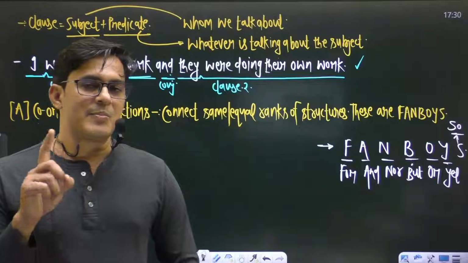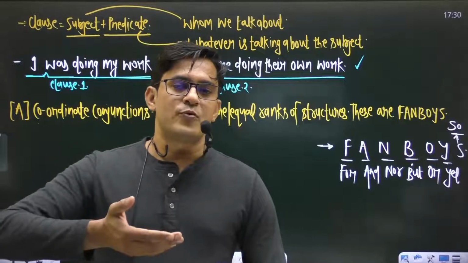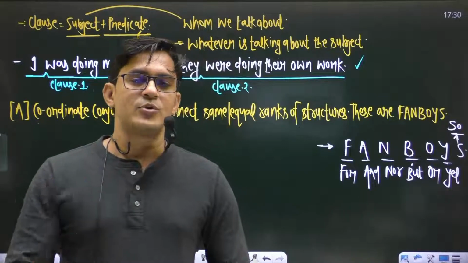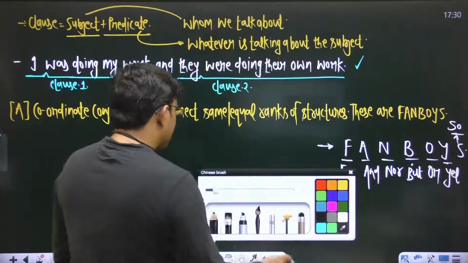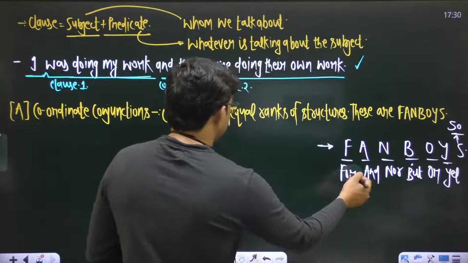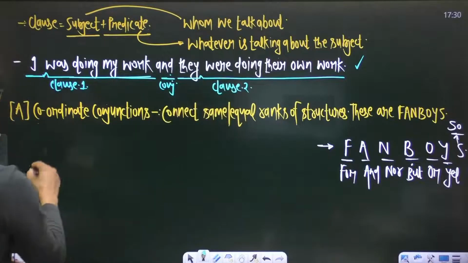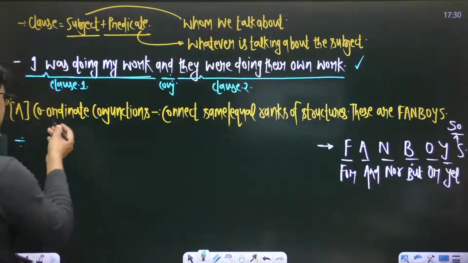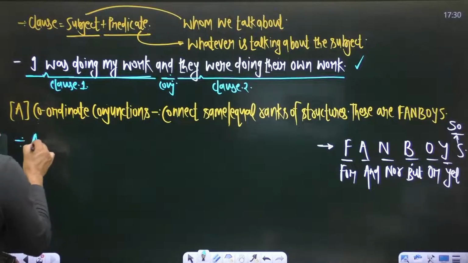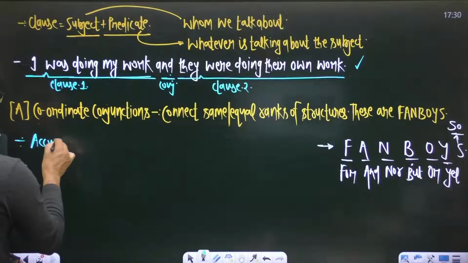So always remember FANBOYS. When it comes to FANBOYS, it means you are talking about coordinate conjunctions. Let us discuss it further. If you further divide these coordinate conjunctions, the first one is accumulative conjunctions.